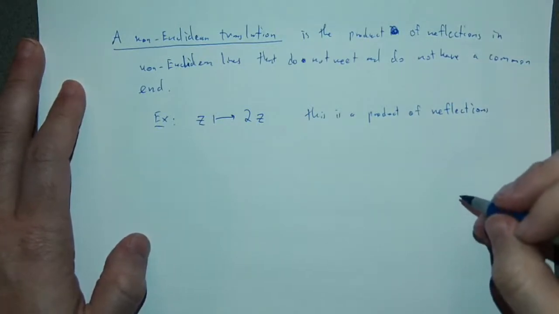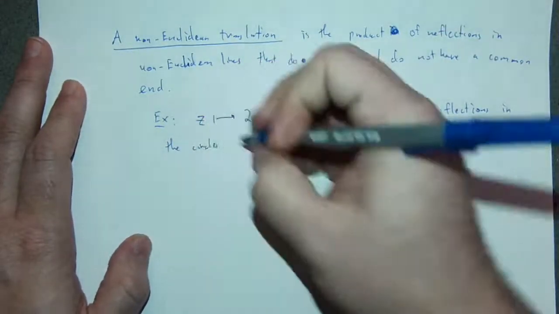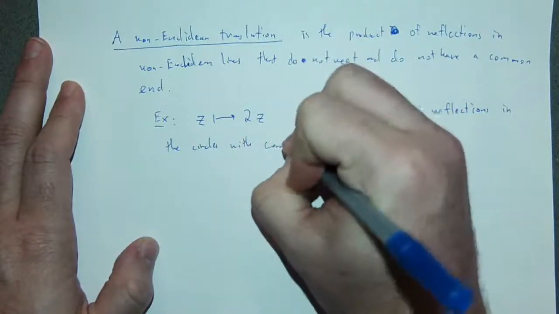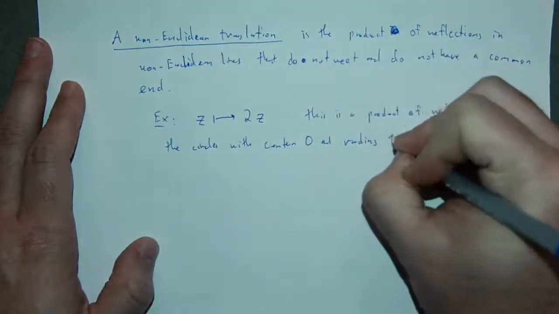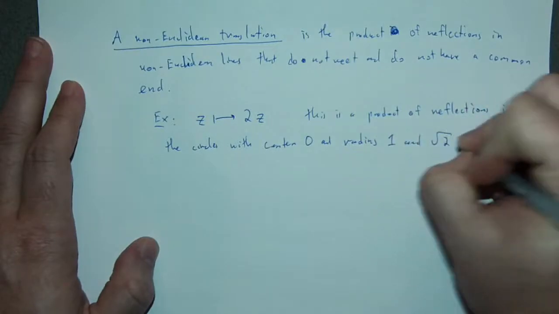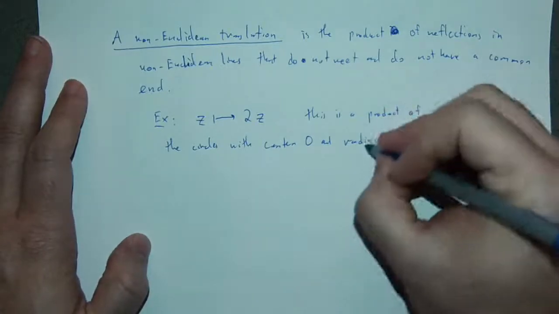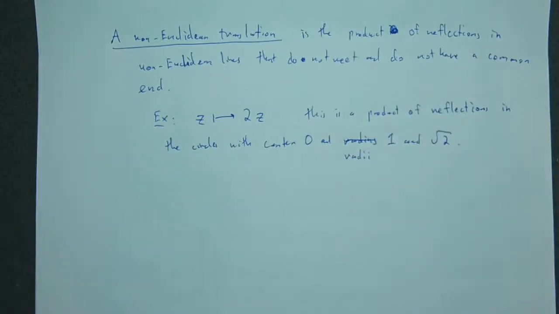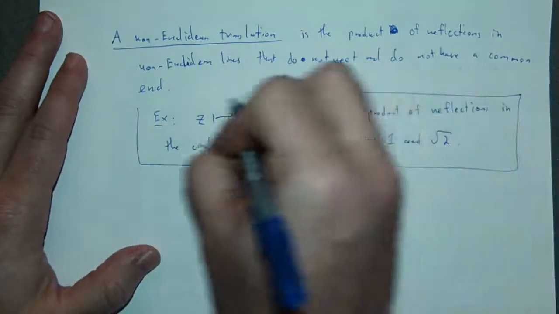So this is a product of reflections in the circles with center 0 and radii 1 and root 2. Well, I should say radii here. It kind of sounds awkward otherwise. Okay. What does this thing do?